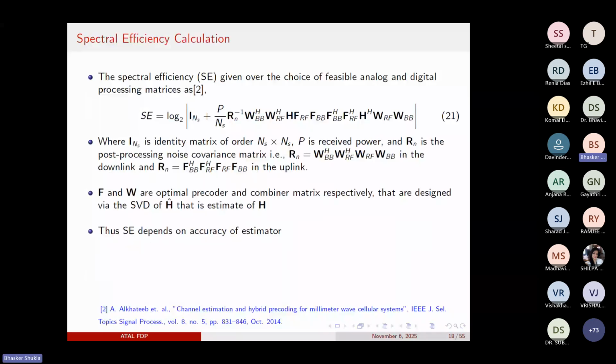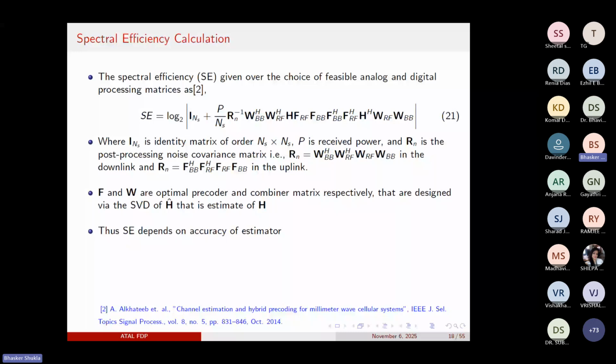And as we know, the spectral efficiency, same as I have told previously, is basically log2 of 1 plus SNR, and because it is the MIMO case there is a determinant of log2 of the identity matrix plus the SNR.